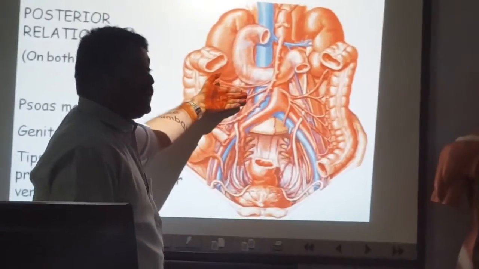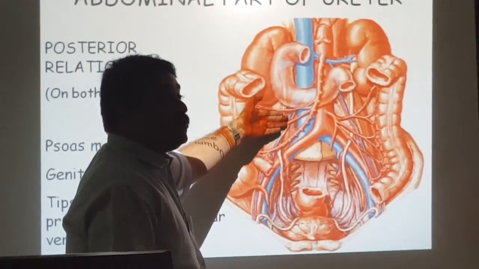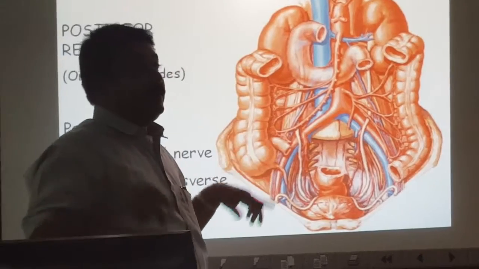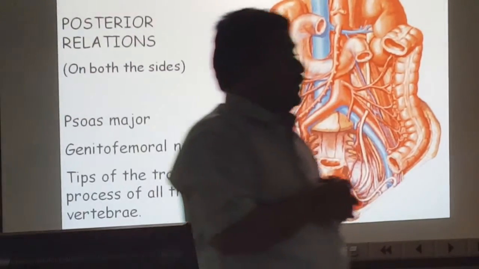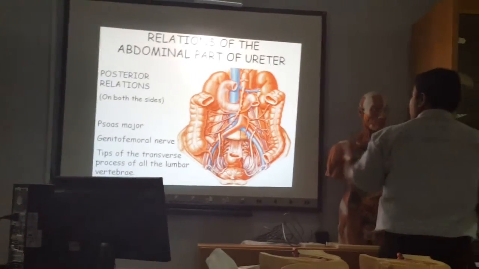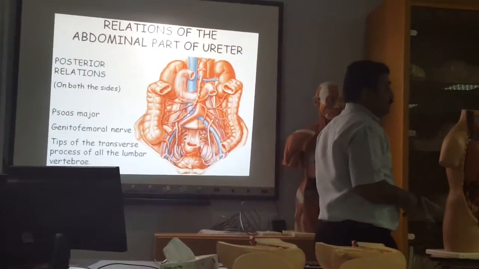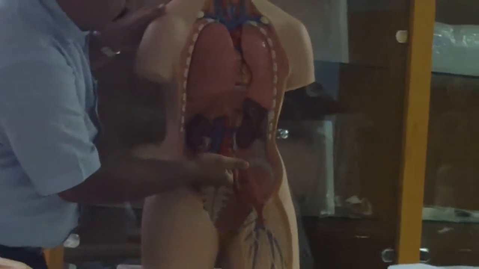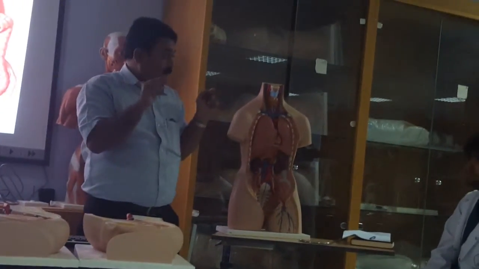Behind, the posterior relation, is the psoas major muscle and the tips of the transverse processes of the lumbar vertebrae, both sides. Psoas major is posterior to the ureter.